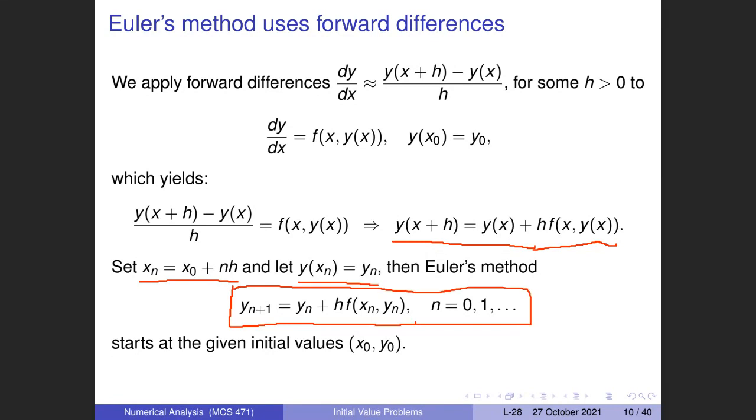It's an iterative method. You start at x naught, y naught, and you can evaluate the right-hand side to obtain y1. x1 is x naught plus h, so you can continue to compute x2 and y2.